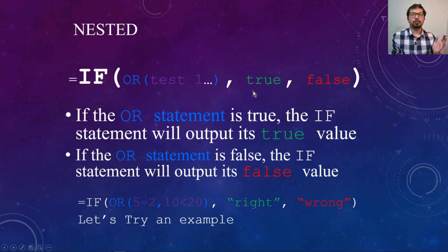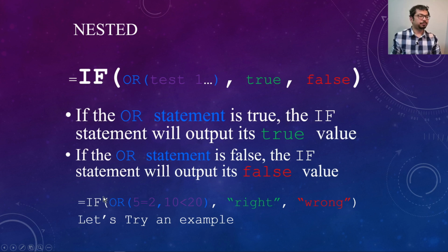The overall IF function is determining whether the OR is true or not. If it's true, then it will continue to print true. If it's false, then it will do whatever is given in the false command.